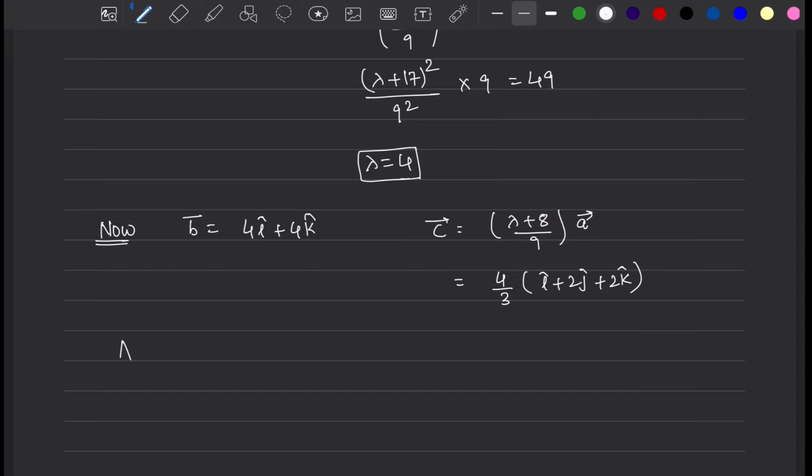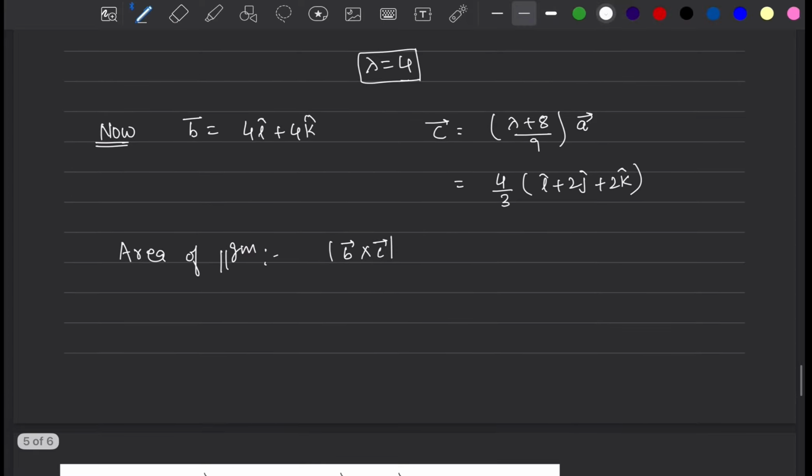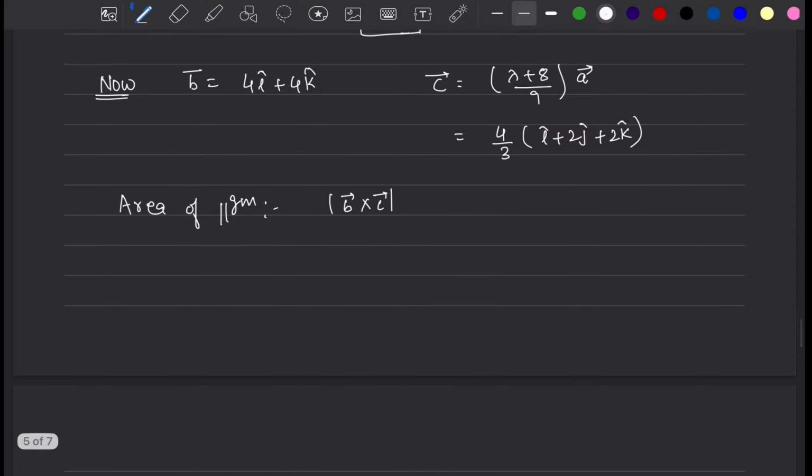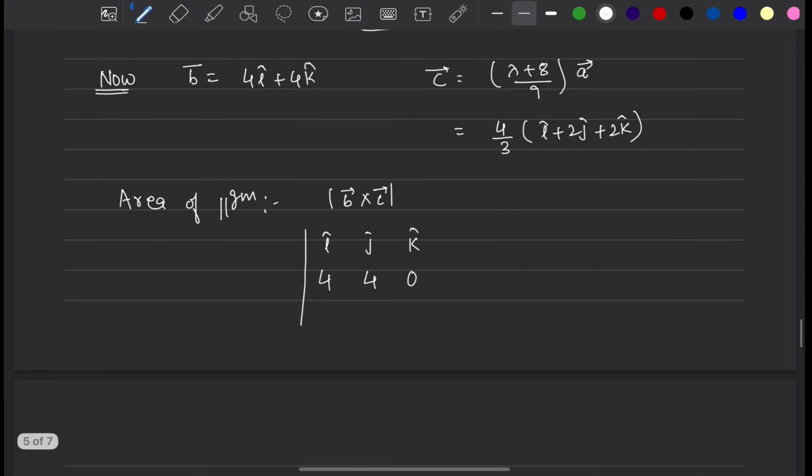Now you have to calculate the area of the parallelogram, that we know is the magnitude of a cross b. So in this case we will get it as B cross C, of magnitude. So let's calculate B cross C. I cap, J cap, K cap, 4 0 4. The 4 by 3 we can take outside, and here we will get 1 2 2.